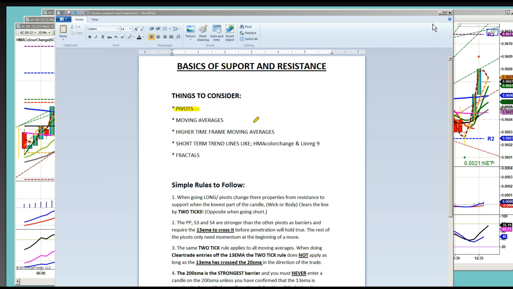But we're also going to cover moving averages. We're going to talk about higher time frame moving averages in addition to the 1 minute moving averages. Everybody always just thinks about the 1 minute, but I want you to consider higher time frame moving averages in conjunction with the 1 minute moving averages when it comes to support and resistance information.